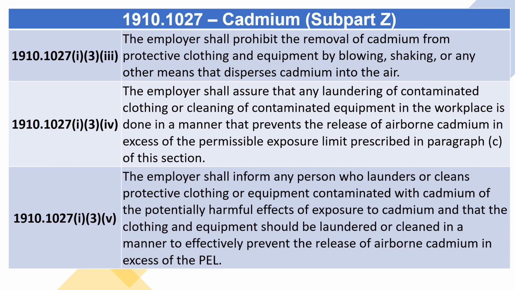The employer shall assure that any laundering of contaminated clothing or cleaning of contaminated equipment in the workplace is done in a manner that prevents the release of airborne cadmium in excess of the permissible exposure limit prescribed in paragraph C of this section. The employer shall inform any person who launders or cleans protective clothing or equipment contaminated with cadmium of the potentially harmful effects of exposure to cadmium and that the clothing and equipment should be laundered or cleaned in a manner to effectively prevent the release of airborne cadmium in excess of the PL.